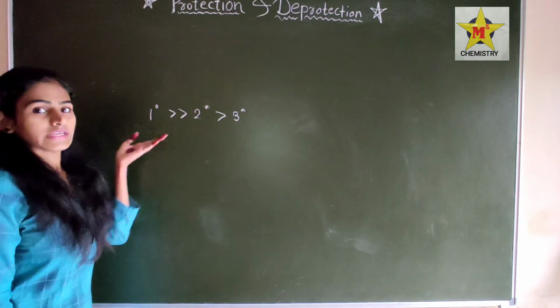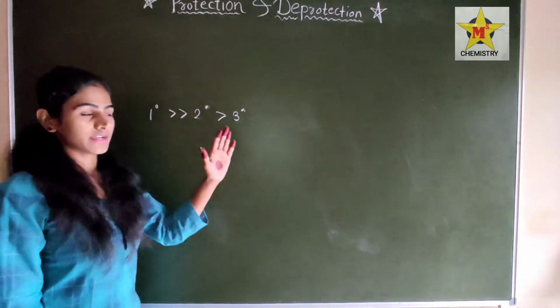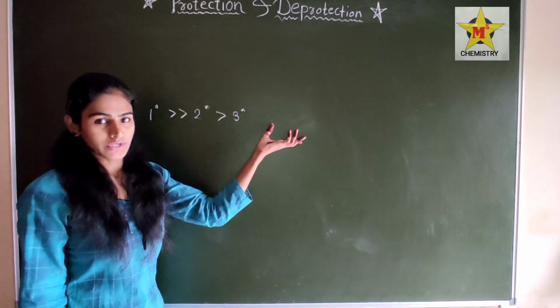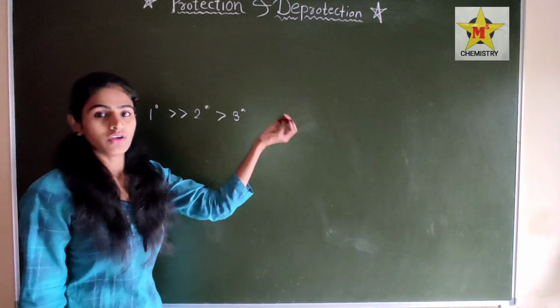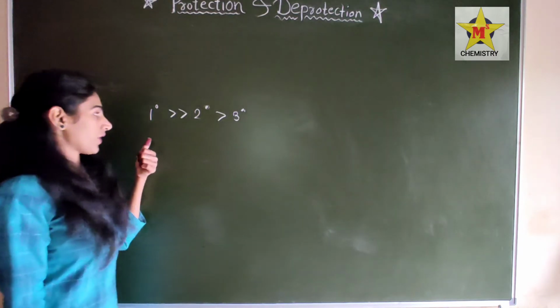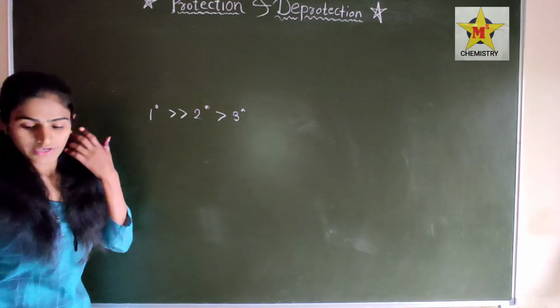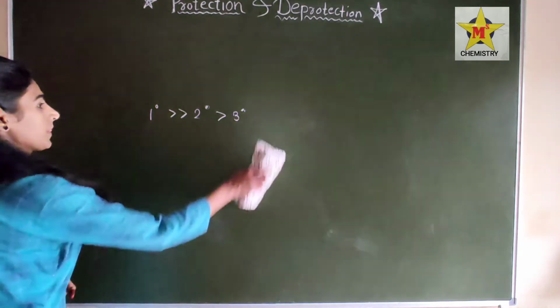Primary alcohol is selectively protected if a bulkier protecting group is present.